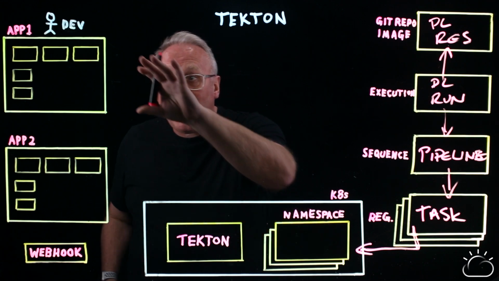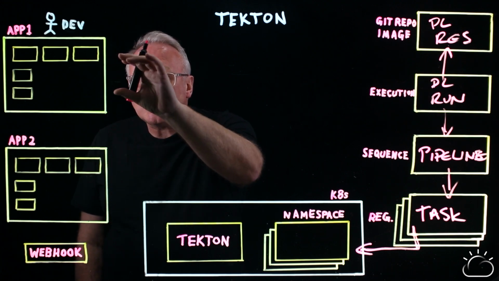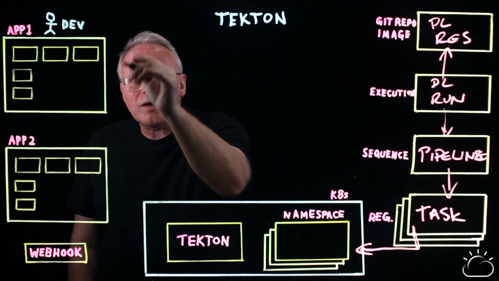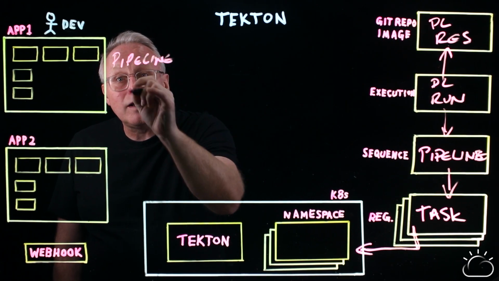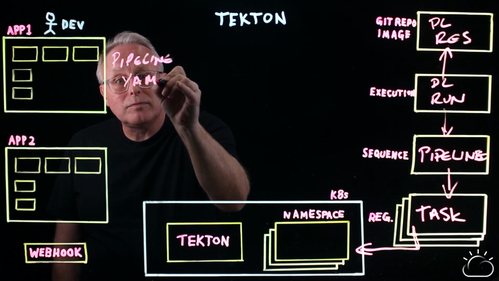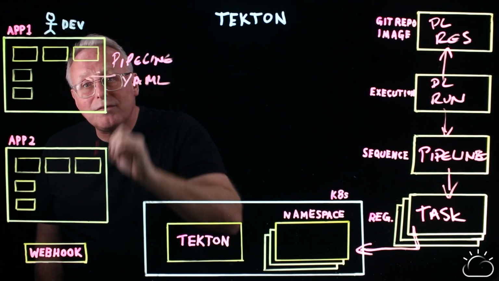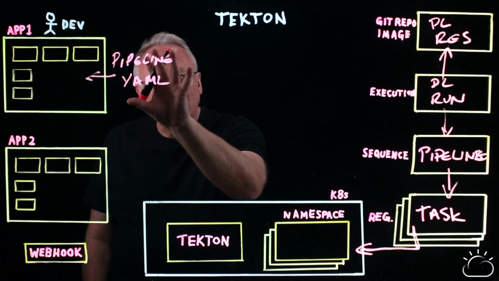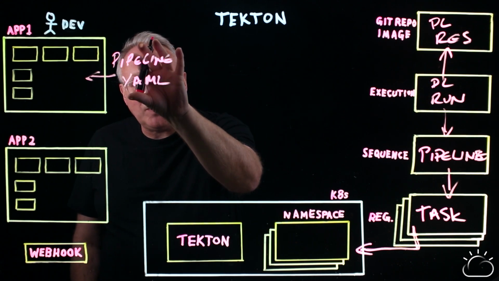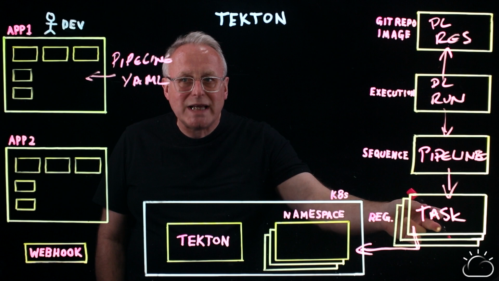So as I mentioned, you can have different Tekton pipeline definitions, and we'll call that pipeline YAML. And you can define that file inside your individual application. And the relationship, if you remember, is a pipeline can run any number of tasks.